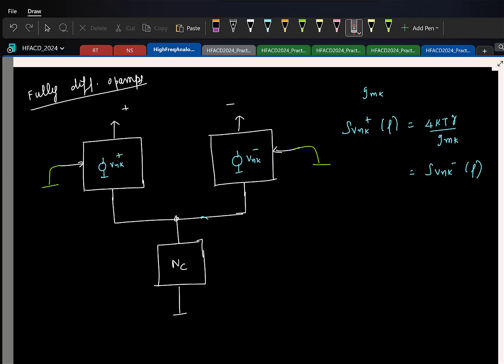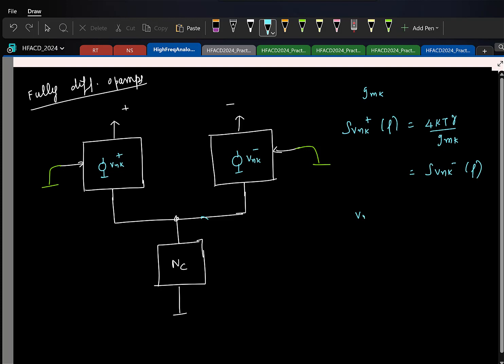But one thing to notice, these two transistors are independent, that is, they are two separate transistors. So what can you say about the noise in the two transistors? They'll be different. Can you be more mathematically correct? They'll be uncorrelated. These are two different transistors. The noise is getting generated by different mechanisms in the two transistors. So the noise will be uncorrelated, but the power spectral density will be the same, right?